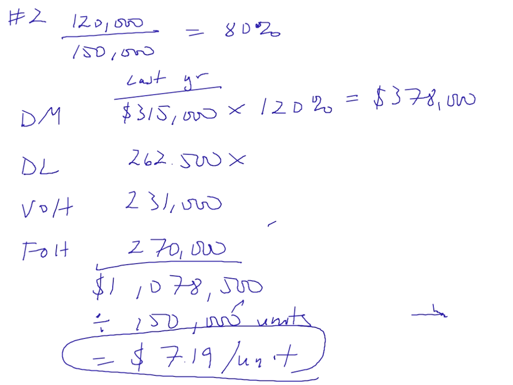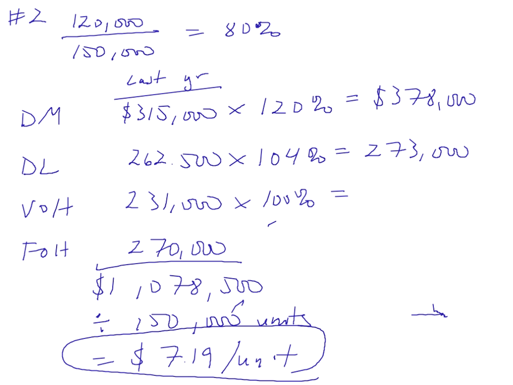$378,000. Direct labor, the question tells us that it goes up by 4%, so 1 plus 4% is 104%. That gives us 273,000. Variable overhead. Now this, the question says it's going to stay the same.